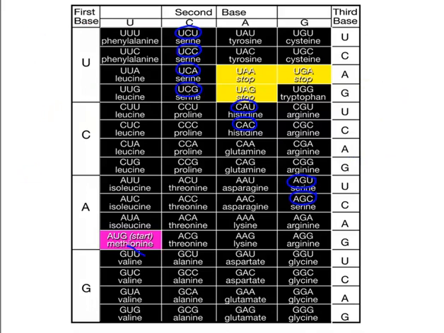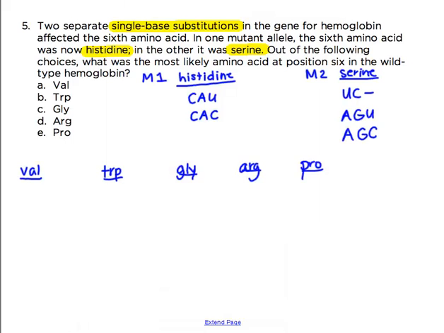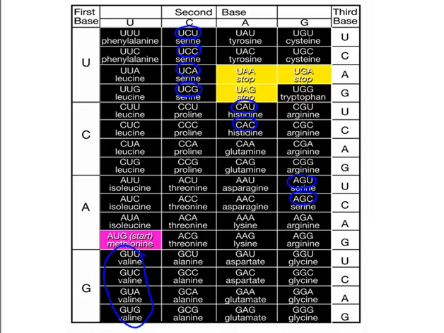Valine can be GU dash, and let me just make sure that those are the only ones. Okay, so valine we're going to write as GU dash. Tryptophan only has one codon, which is UGG.